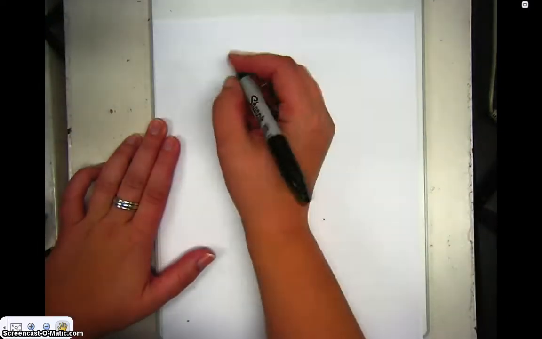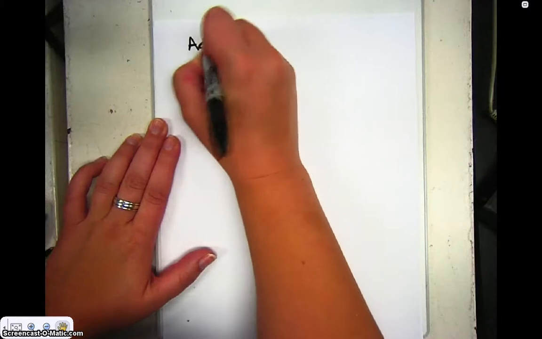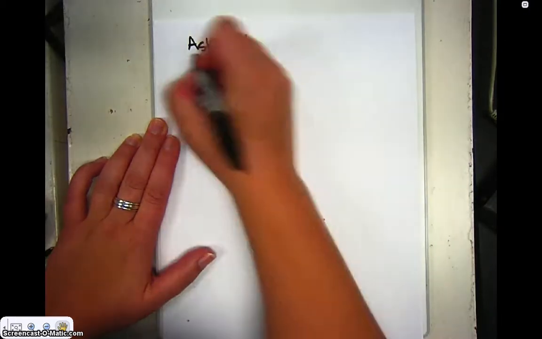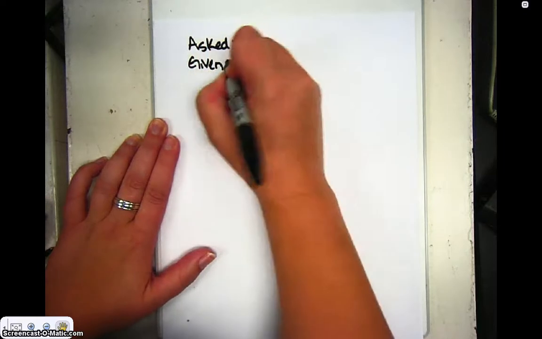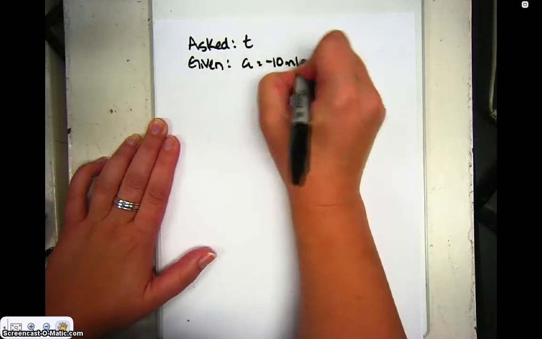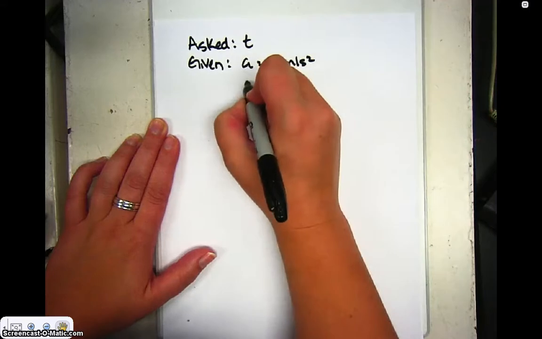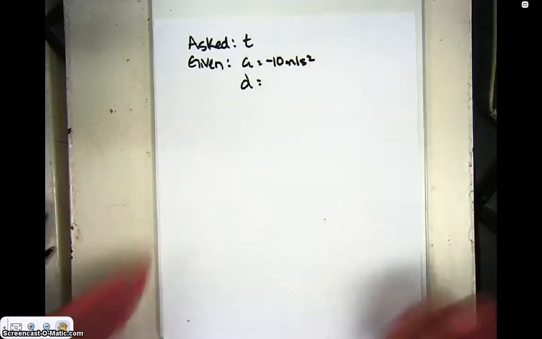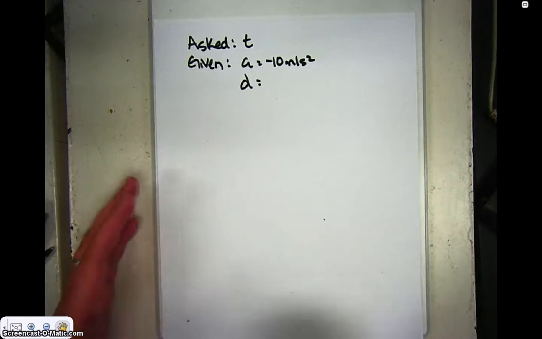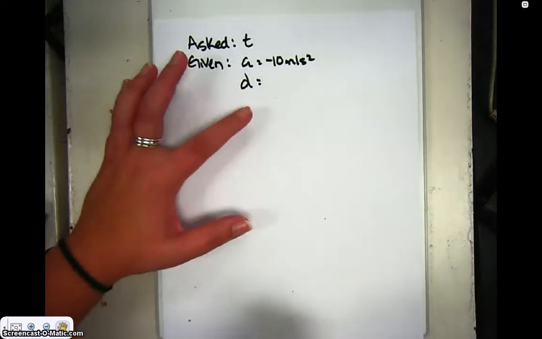Okay, so recall again, we're going to be solving for time, and we're given acceleration, which is negative 10 meters per second squared. We're given our d. Remember that displacement is the same whether you throw the ball up and off the cliff or down off the cliff, because the change in position is the same.